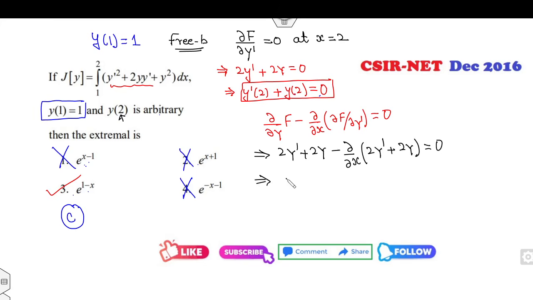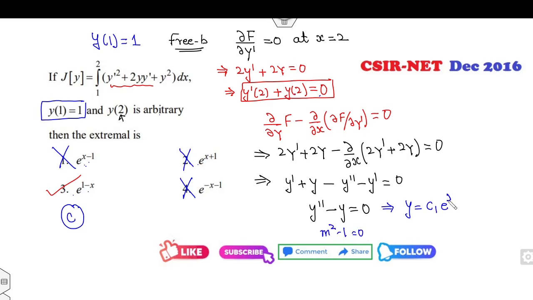I can take 2 as common, it will be cancelled out, so y double dash minus y is 0. So the auxiliary equation is m square minus 1 is 0, so y is c1 e raised to power x plus c2 e raised to power minus x. Fine, I can substitute this value and apply these two conditions.